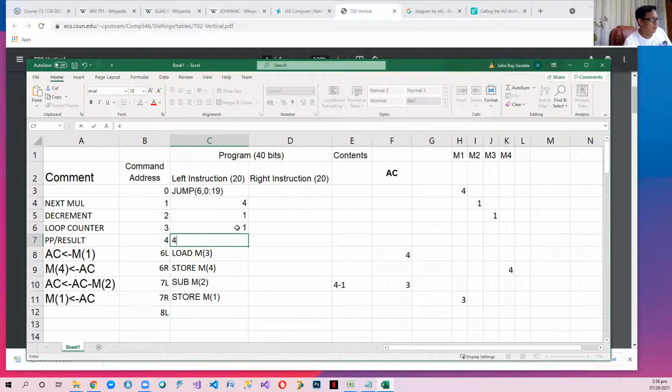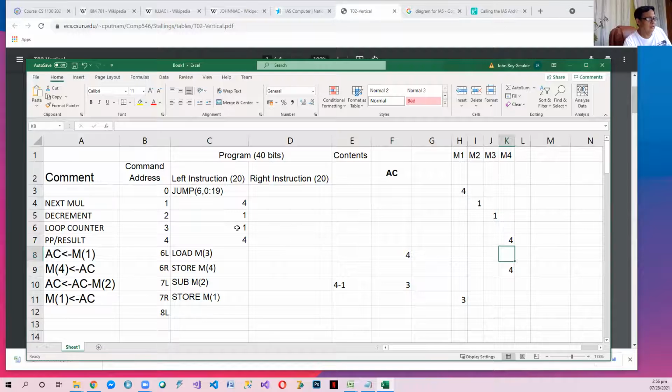So this is a 4. We might as well use M1 as our final answer, okay?